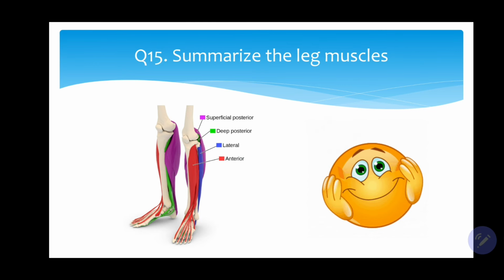Okay, so these were the muscles of the back of leg, and all of them were primarily plantar flexors. However, Flexor Digitorum Longus, Flexor Hallucis Longus and Tibialis Posterior were also causing inversion as well as maintaining the medial longitudinal arch. Okay, so that was about the muscles of the back of leg, and they were all innervated by tibial nerve.